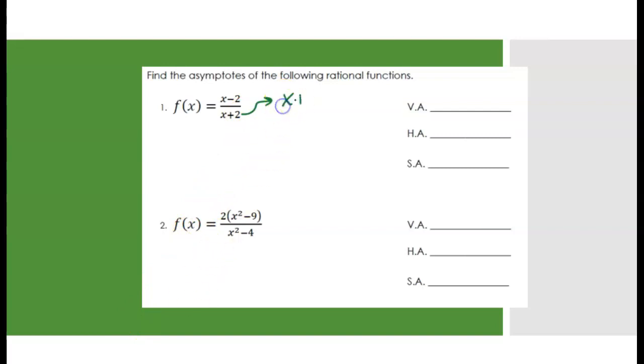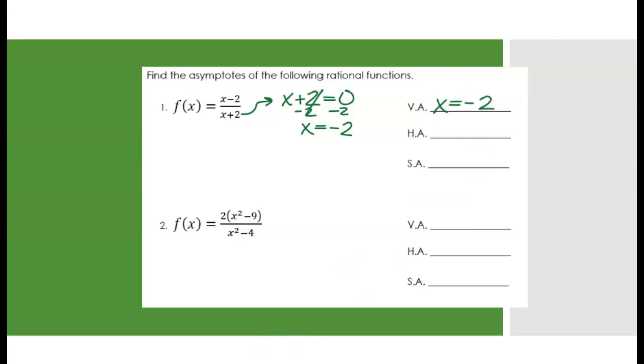So I'm going to set x plus 2 equal to 0. Is there any factoring that can be done? No, it's already linear. And then I need to solve, so I need to subtract 2. I get an x value of -2. So my vertical asymptote is the line x equals -2.